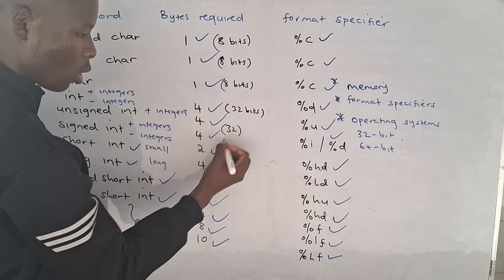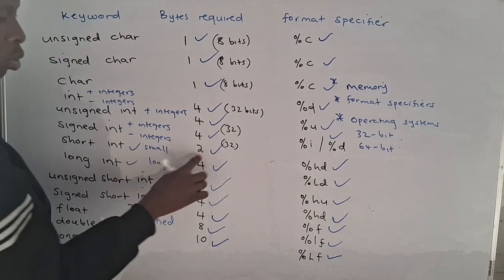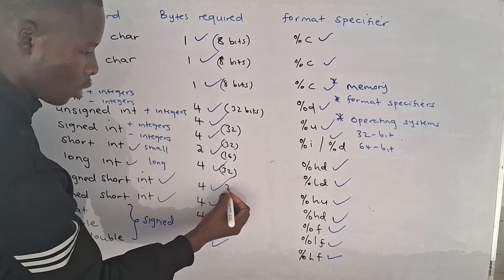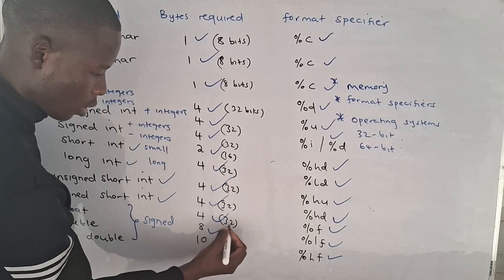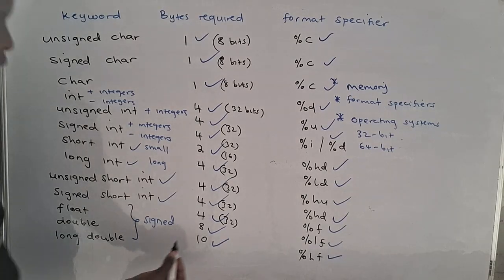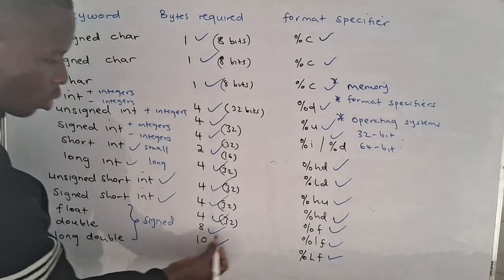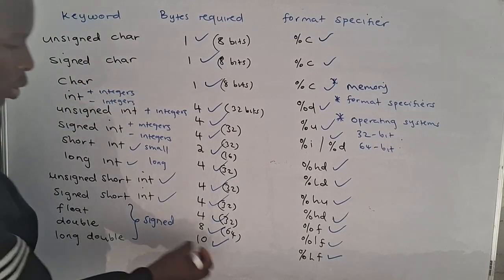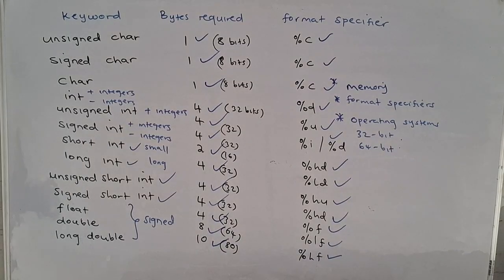This is also 32, this is also 32. This is 8 into 2, which is 16. This is 32 bits. This is 8 into 8, which is 64 bits. This is 8 into 10, which is 80 bits. This is over.